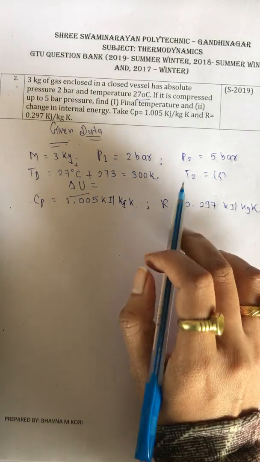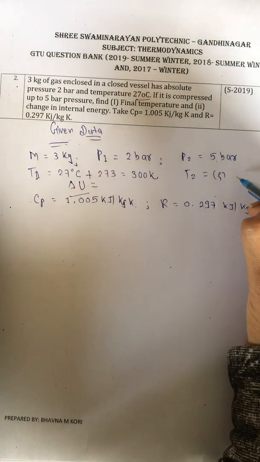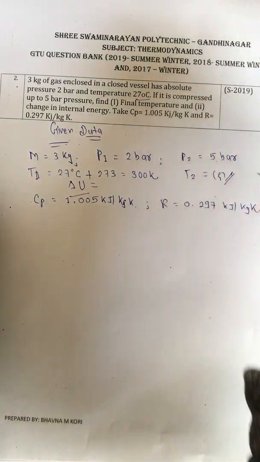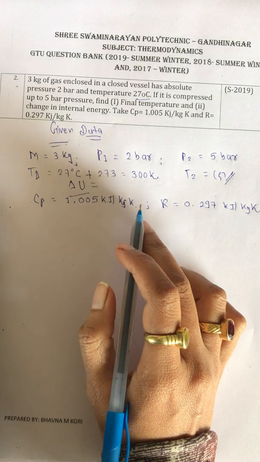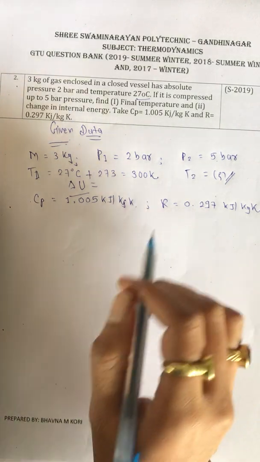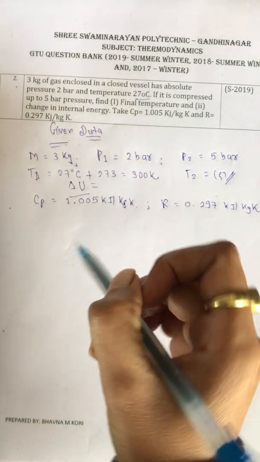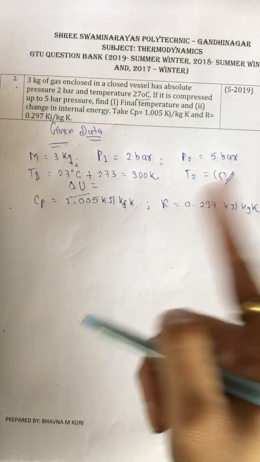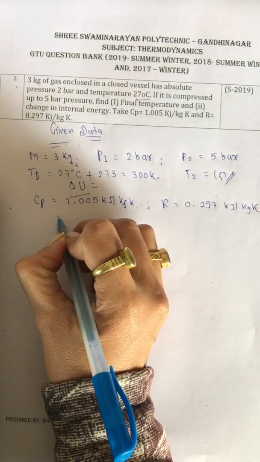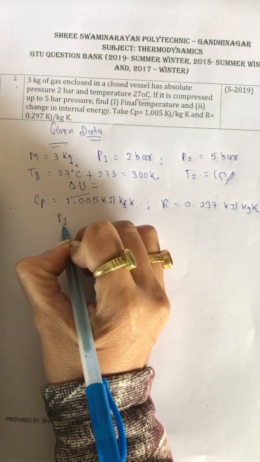So now first what do we have to find? We have to find the value of final temperature. Then we have to find the change in internal energy, delta U. So we know the PVT relation for any process. Using the PVT relation we will find the value of T2, that means final temperature. So what is the equation for PVT relation?